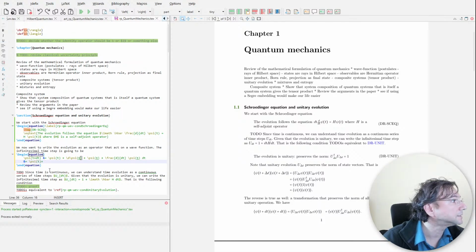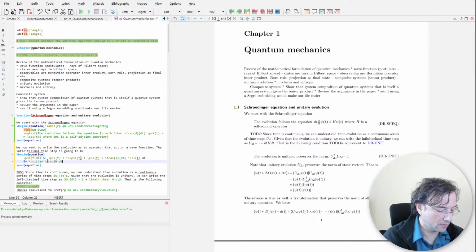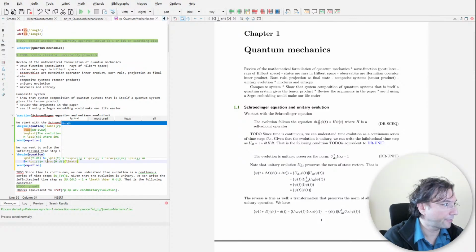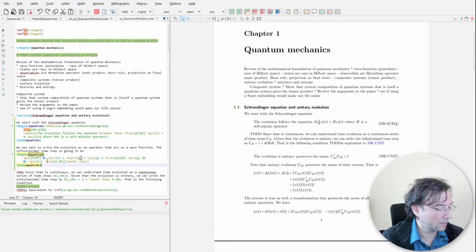plus, and this is where I had it wrong here, this should be frac H dt over i math h bar, right?